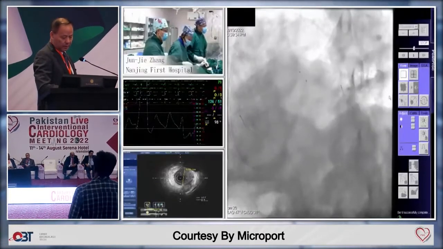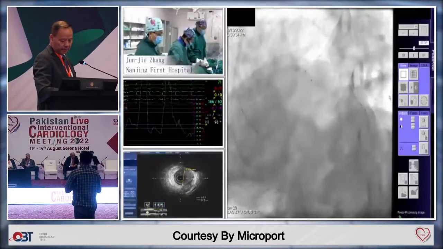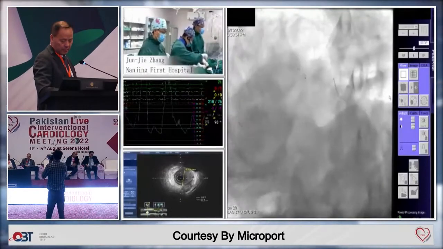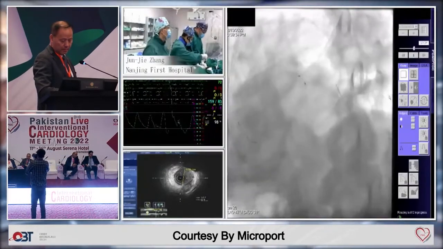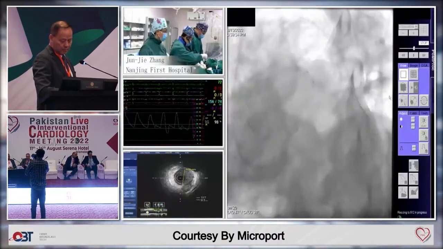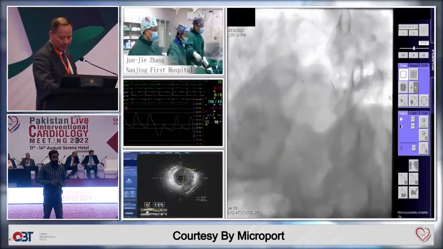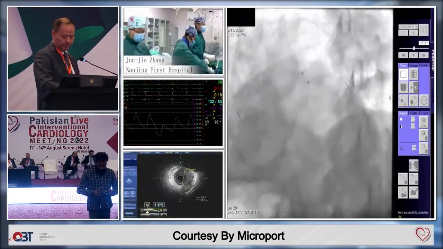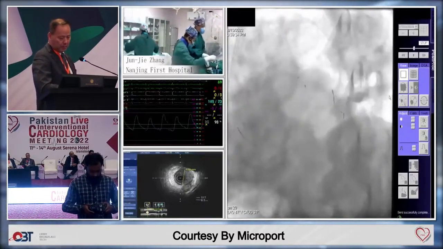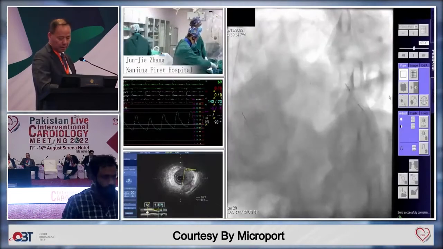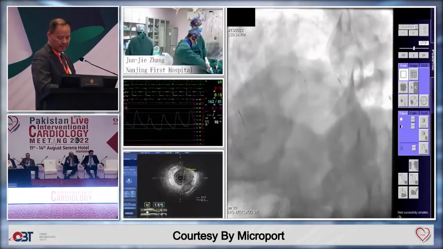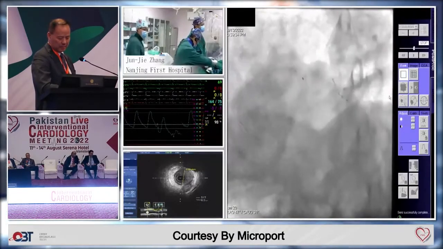So after SBO, we also check the angiogram, there is no complication for the circumflex. So the next step is very important. For DK crush, we will use a 3.5 balloon to do the balloon crush. And the balloon size is according to the distal left main lumen diameter.